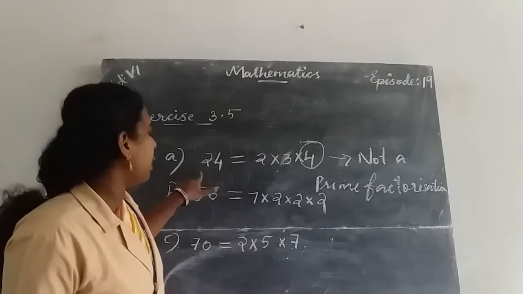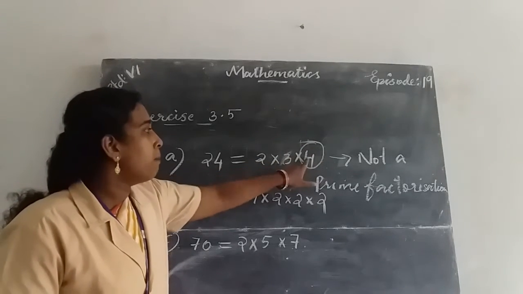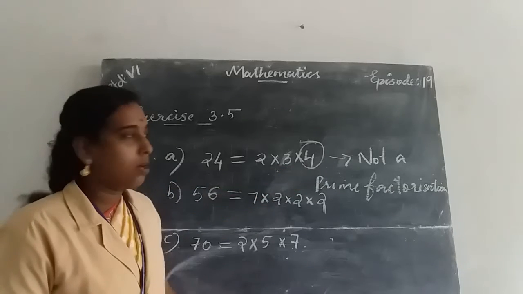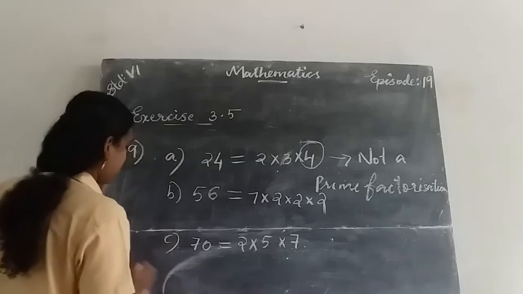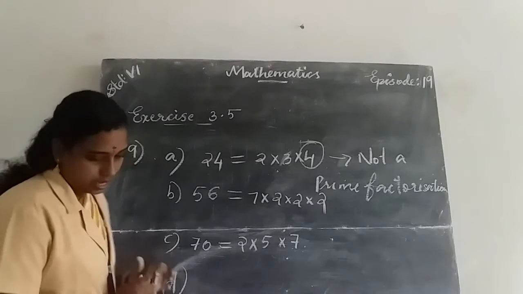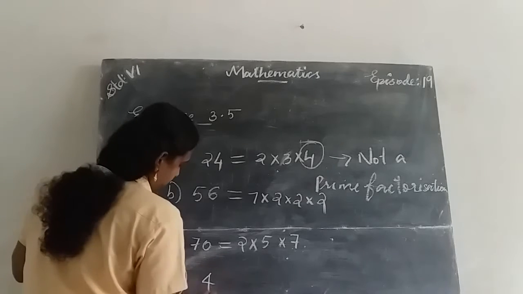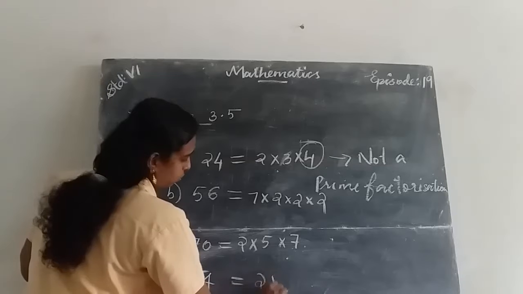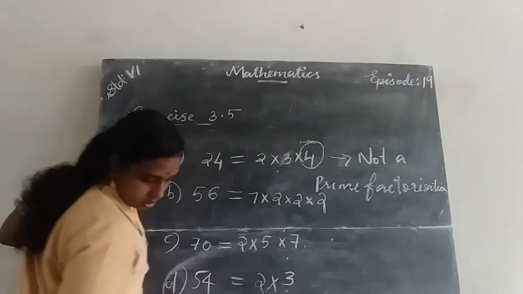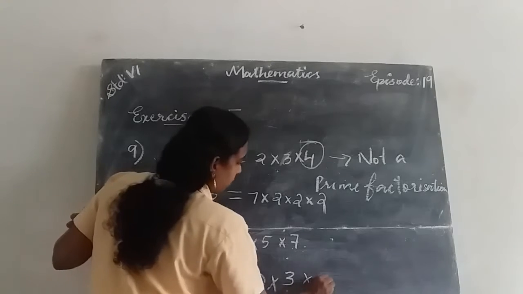And in the first expression, 4 is not a prime number, so prime factorization is not done. Another expression, D: 54 is equal to 2 into 3 into 9.